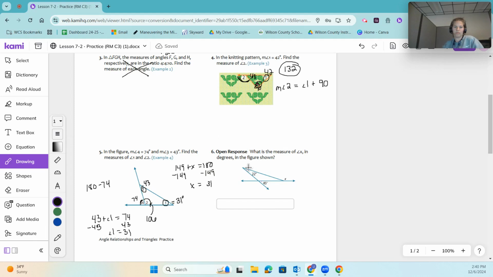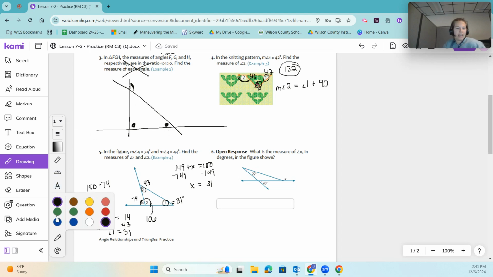I'm going to draw one more picture of these triangles just so we make sure we know exactly what we're talking about. This angle here is going to be equivalent to this angle here plus this angle here.